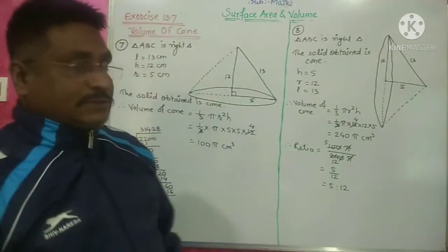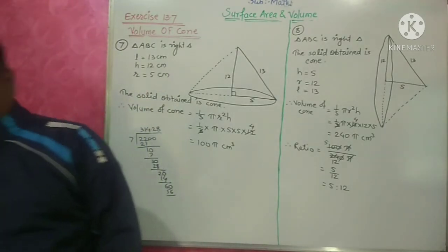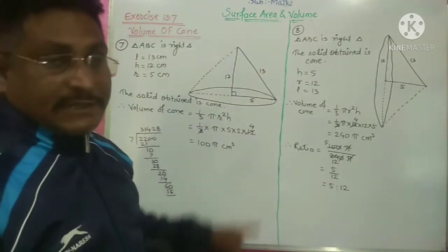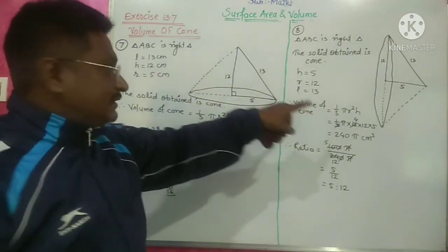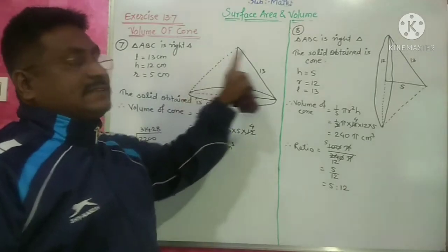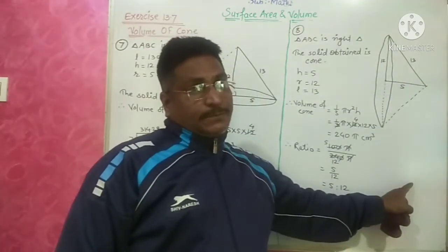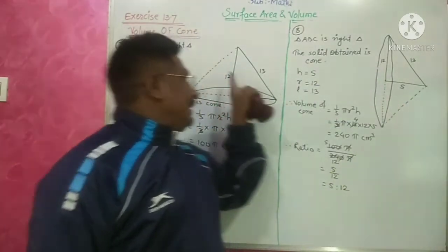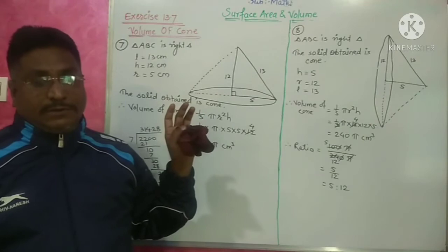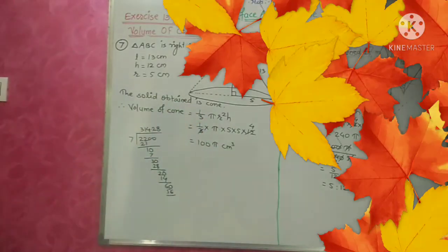What is the ratio of this volume? 5 is to 12. Understood students how to solve this? 7th and 8th are similar, the same question is there, but their revolution is different. According to the revolution, the cone is forming, and according to that revolution, radius and height will change. Clear students?